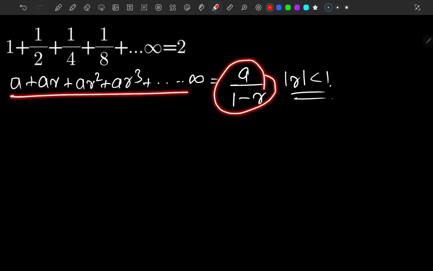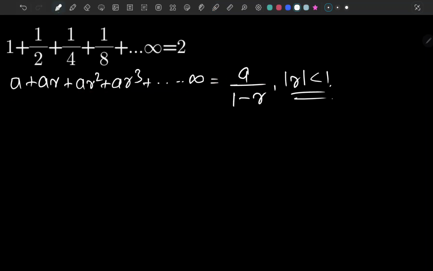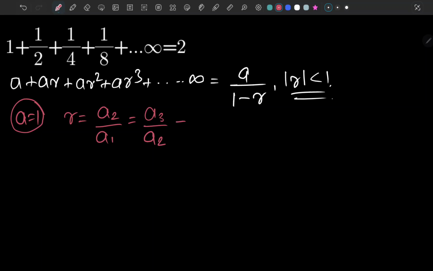The very first method that comes to my mind as well as yours is to use this direct formula. For our case here, a equals 1. And if we talk about r, r is a2 by a1, and that equals a3 by a2. So if you calculate that, it's 1 over 2 over 1, which is 1 over 2.